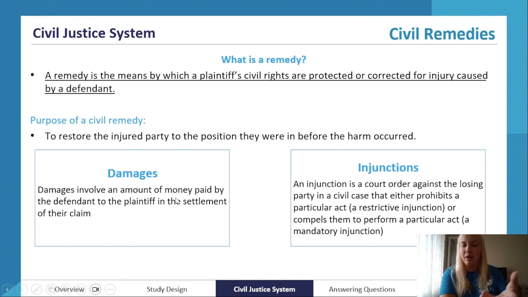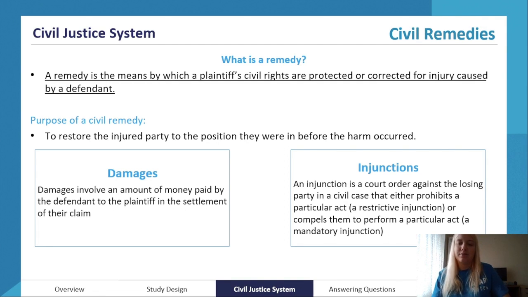Damages are an amount of money paid by the defendant to the plaintiff in the settlement of their claim. So it will be monetary compensation. The specific purpose of damages is to provide financial compensation to correct for financial loss incurred by the plaintiff.